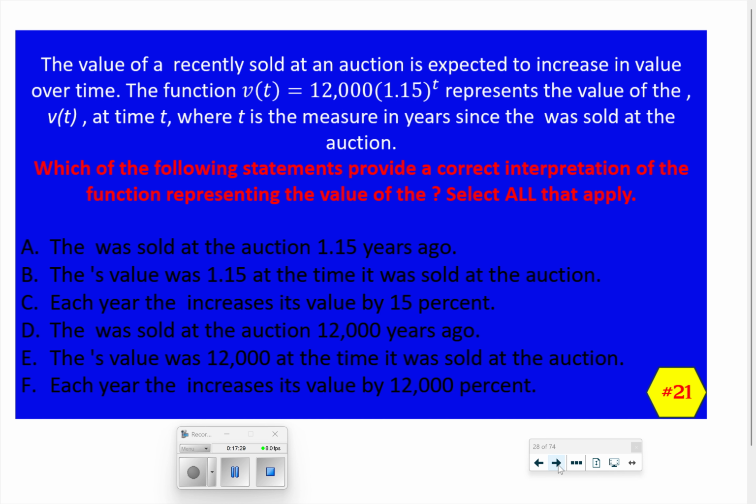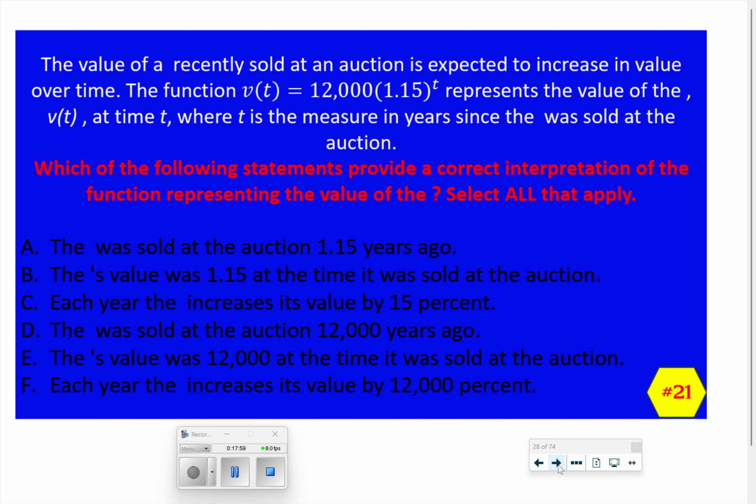Okay, the value of a recently sold at an auction is expected to increase in value over time. The function v of t is equal to 12,000 times 1.15 raised to the t. It represents the value at time t, where t is measured in years.